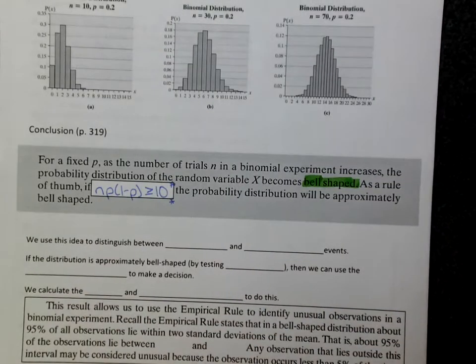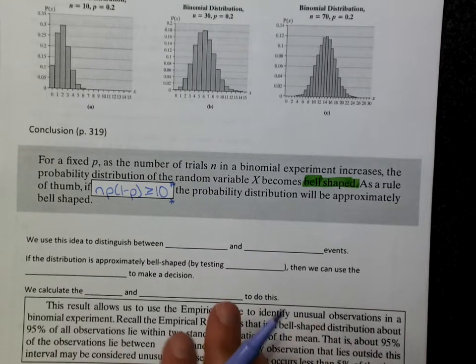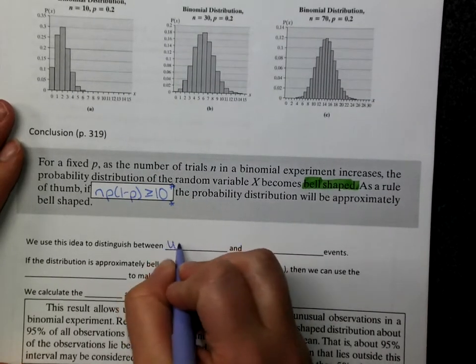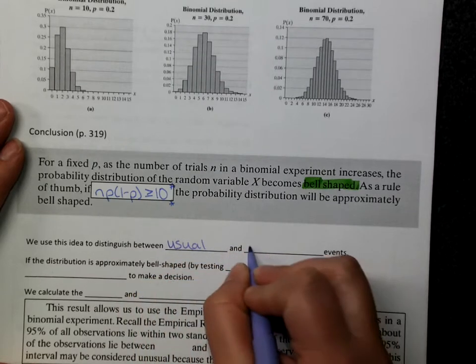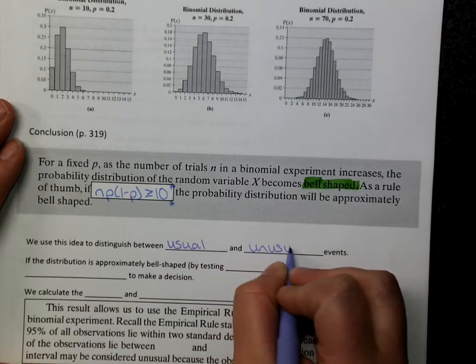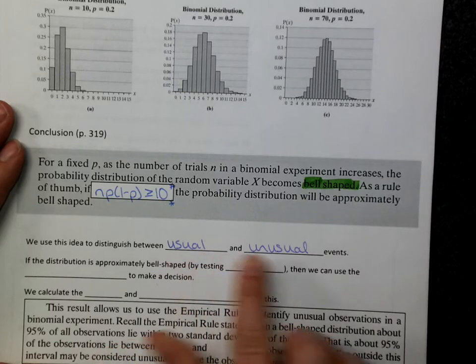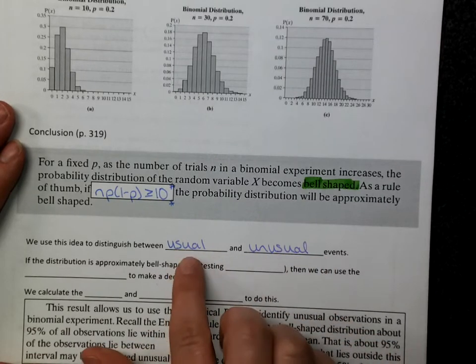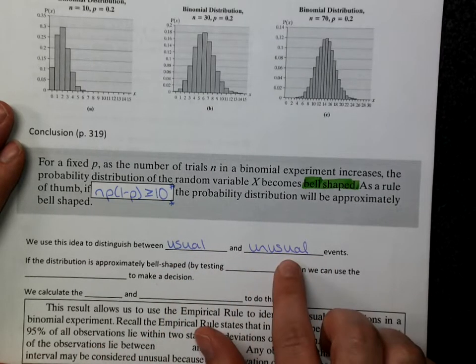So this helps us distinguish between usual and unusual events. Statistics is always focused on, did we expect that outcome or is something weird going on?